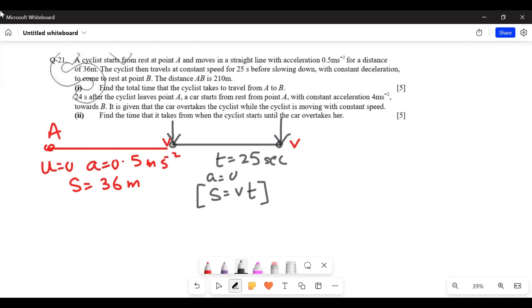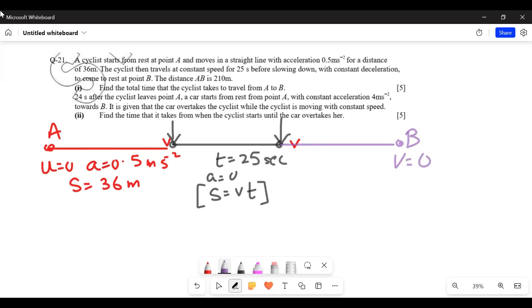Okay, so moving on. Before slowing down with constant deceleration, coming to rest at point B. For the third part of the journey, it comes to rest eventually at point B. So at point B, V is 0.